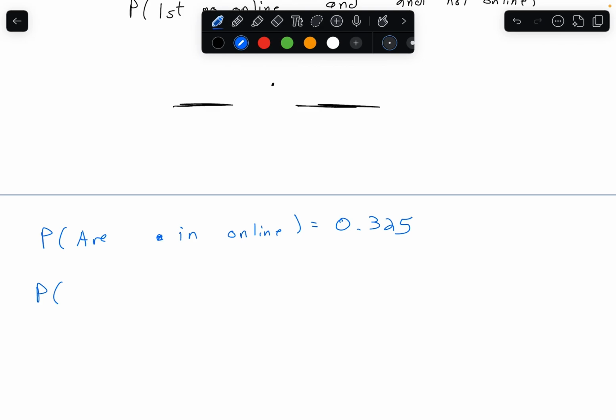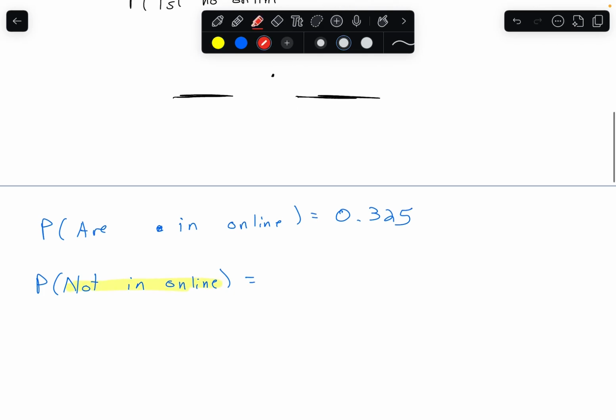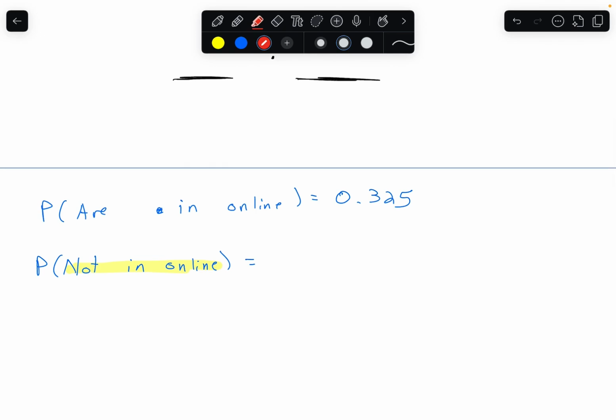If I want to talk about the probability that they are not in an online course, these two events, in an online course and not in an online course, are complementary. So if I wanted to find the probability that they are not in an online course, I know from my complementary events formula, the probability of A is equal to 1 minus the probability of A complement.